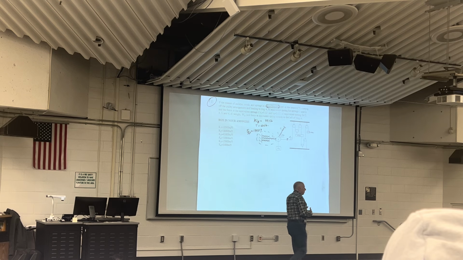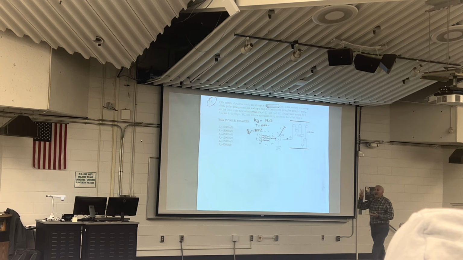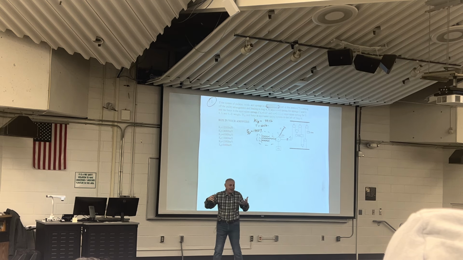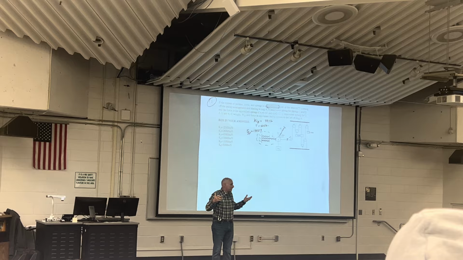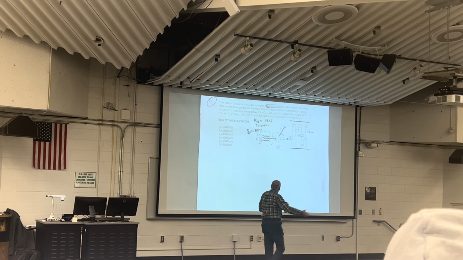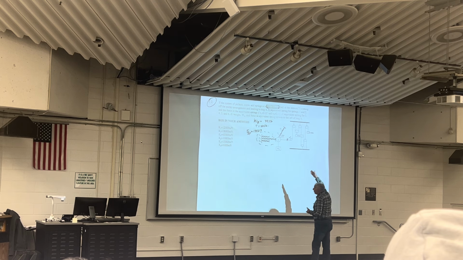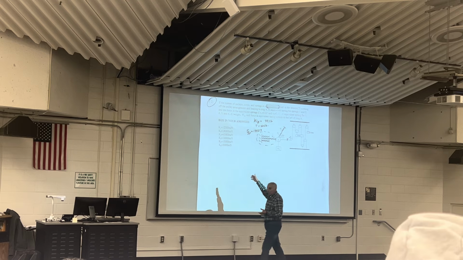All the forces are coming to it. If I'm looking at equilibrium, how many equations do I have? 2. Some force X, some force Y in 2D. Which means I can only solve for 2 things. That's it. I can't solve for 4 or 5 or 6 things. How many things are coming into the ring? Well, I got one cable coming off, which I labeled T, from the pulley system.